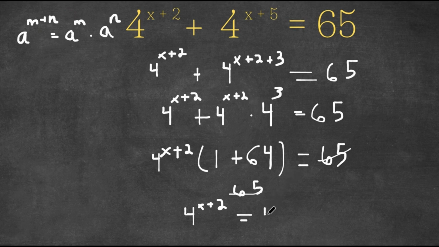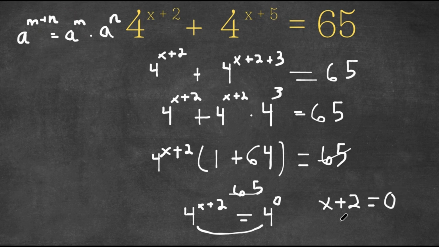So I'm going to replace the 1 with 4 to the power of 0. Now, because both bases are 4, we know that the exponents are the same as well, meaning x plus 2 is equal to 0.